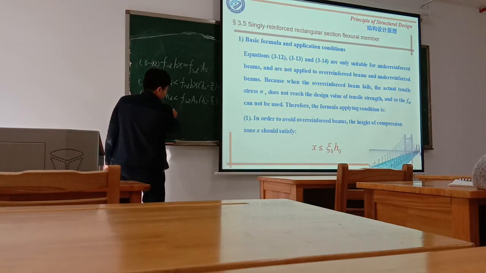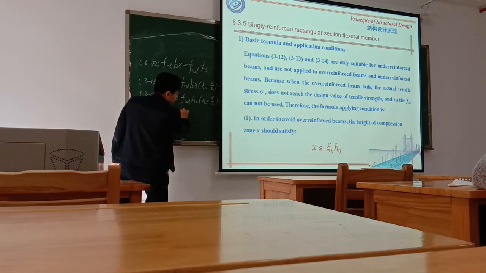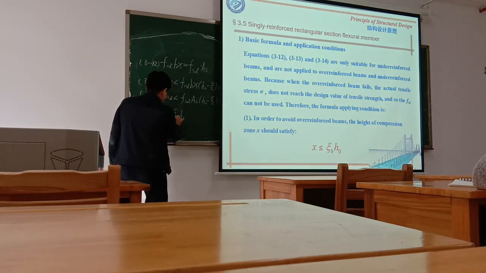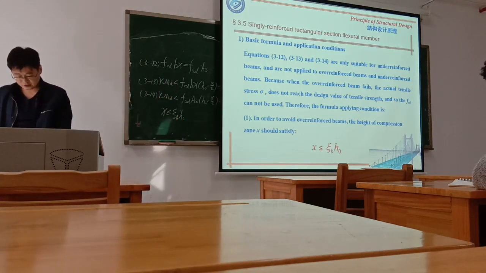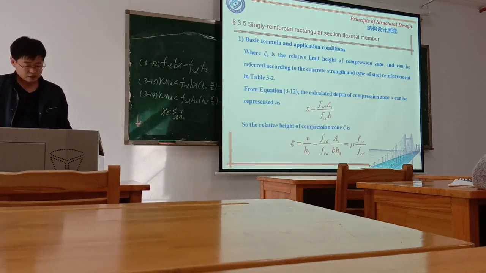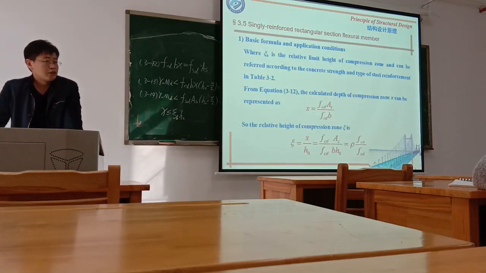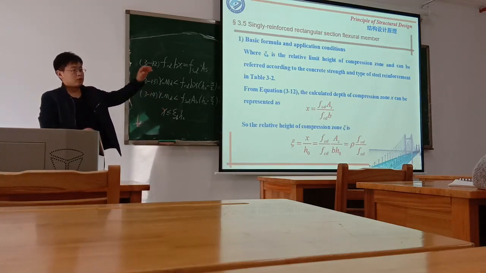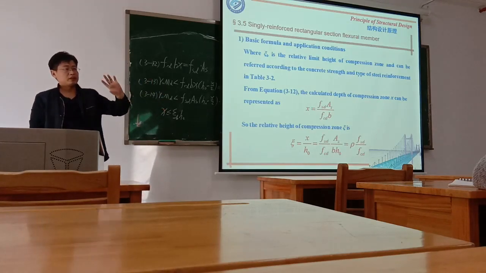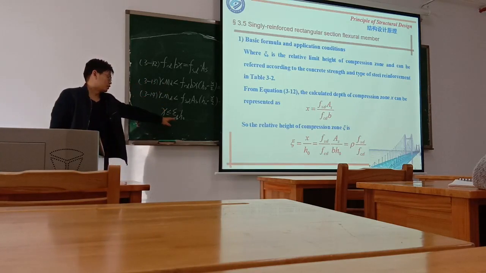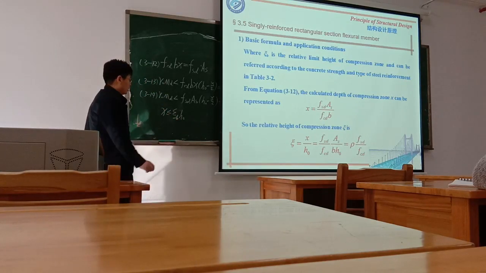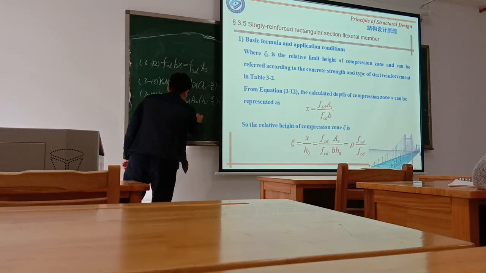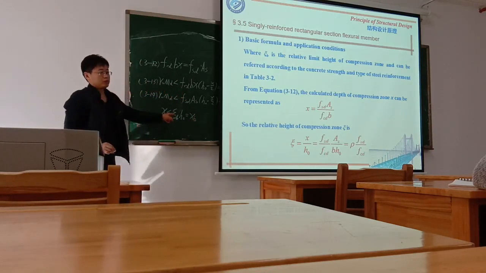So x should be smaller than ξb h0. This is the condition. Just now we talked about the compression height being smaller than the boundary height xb. Normally we use ξb h0 equal to xb. x should be smaller than this.